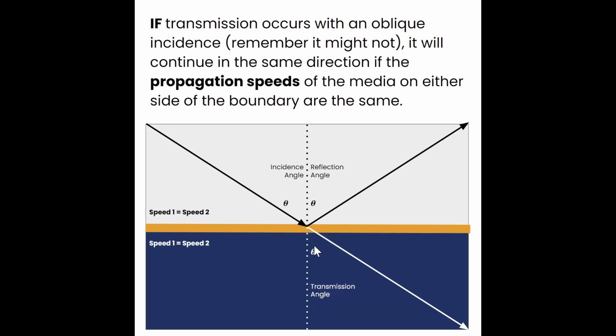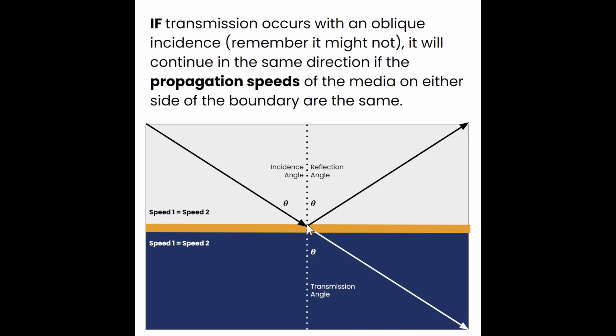Another rule that we know about oblique incidence is that if transmission occurs, again remember it might not, but if transmission occurs with oblique incidence, it will continue in the same direction if the propagation speeds are the same for the media on either side of the boundary. So if we have our sound beam coming in through media 1, it strikes the boundary. If a reflection angle occurs, it goes off at the same angle.